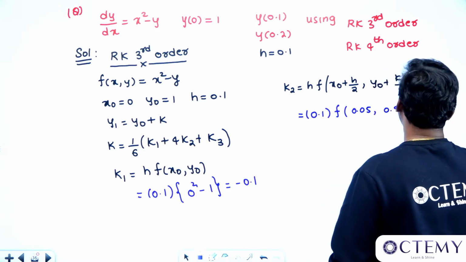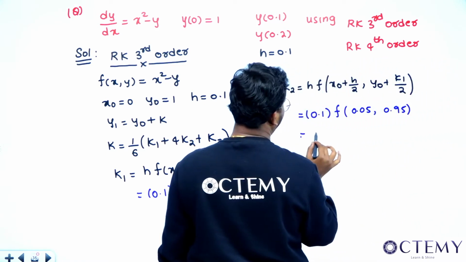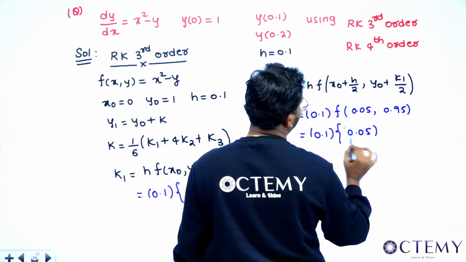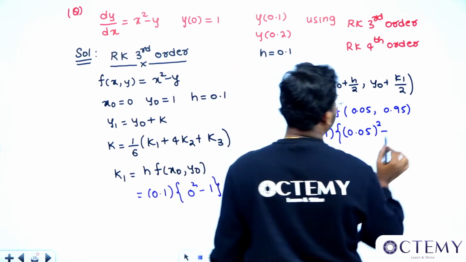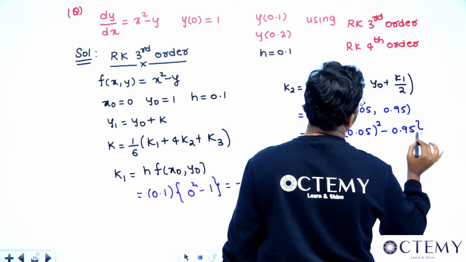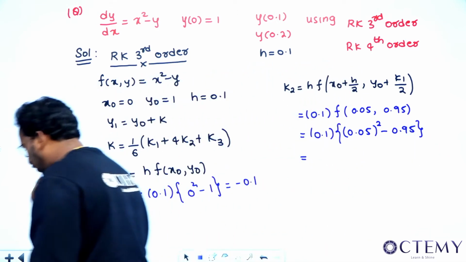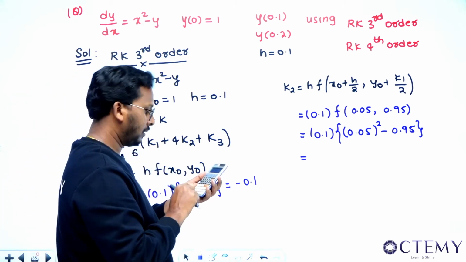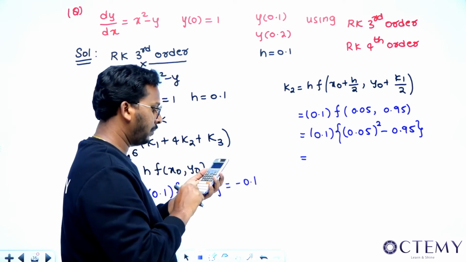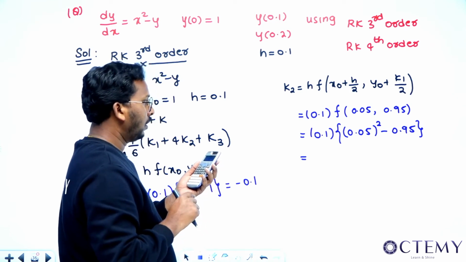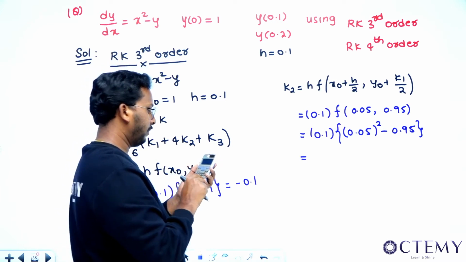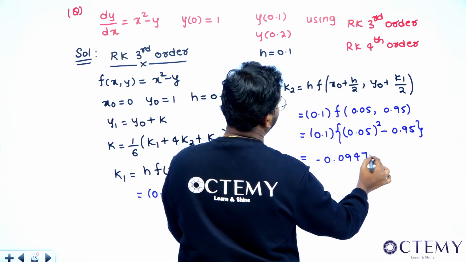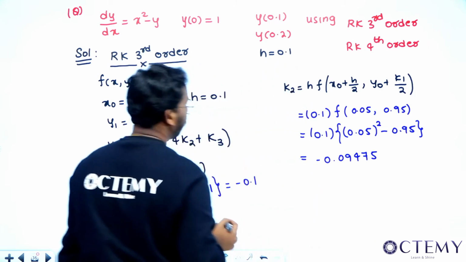Now if you substitute, it becomes 0.1 into (0.05² − 0.95). Using the calculator, that will be −0.09475.